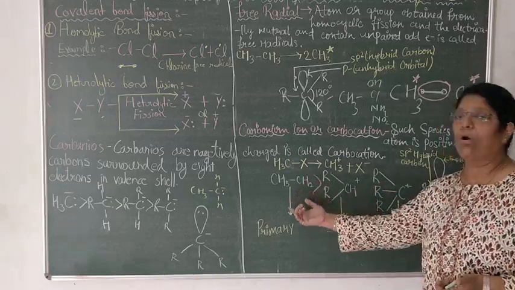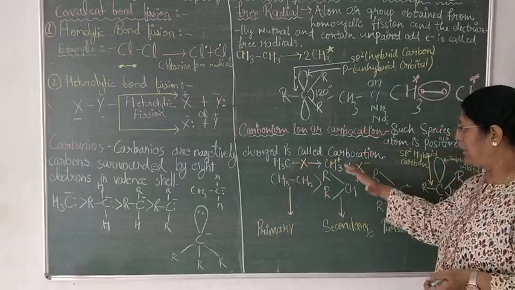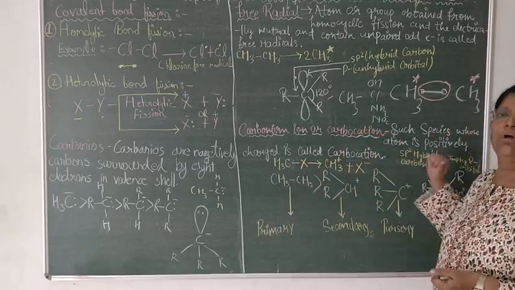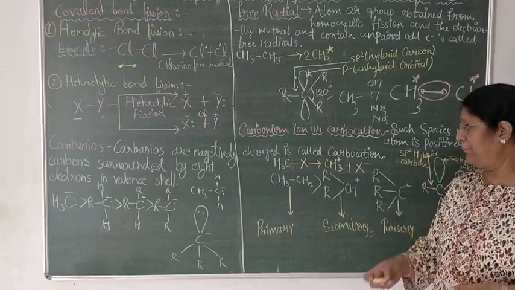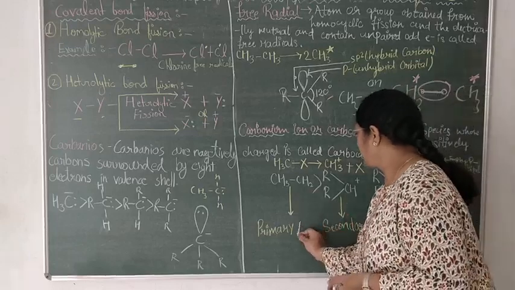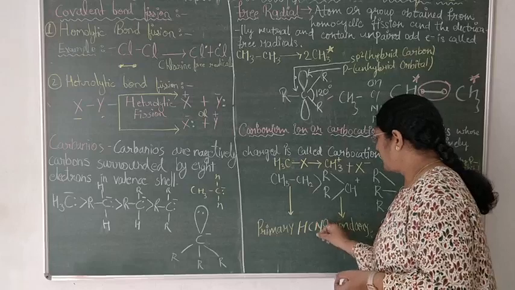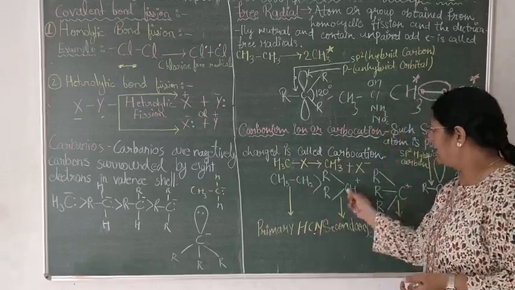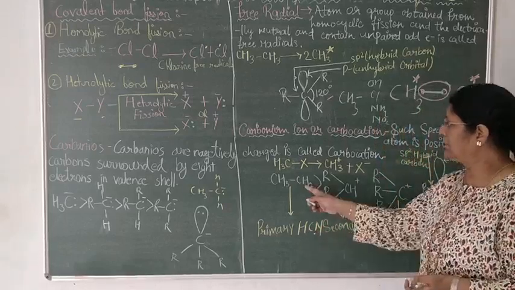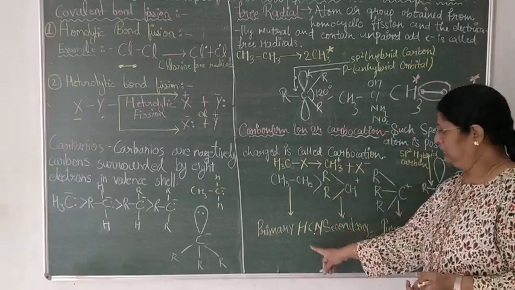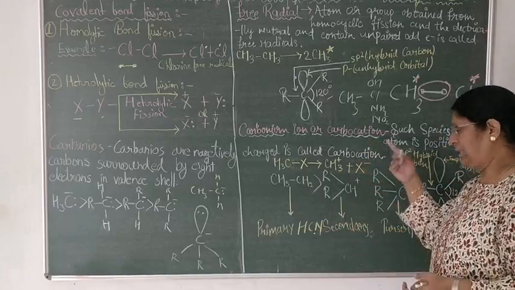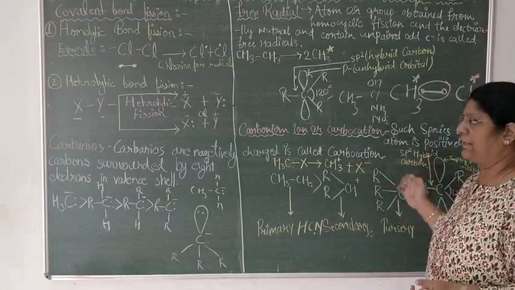The reactivity order is primary more reactive in comparison to secondary, in comparison to tertiary. Which type of reagent? Nucleophilic addition reaction. Suppose it reacts with HCN. So the CN will connect with this carbon, which is positive, and the H will get attached to the oxygen. That reaction I will teach you later.